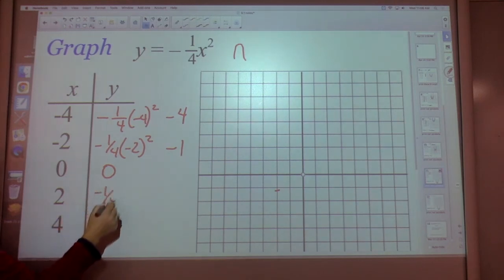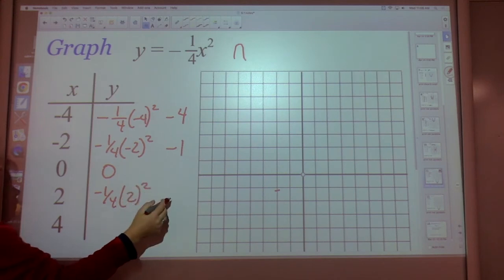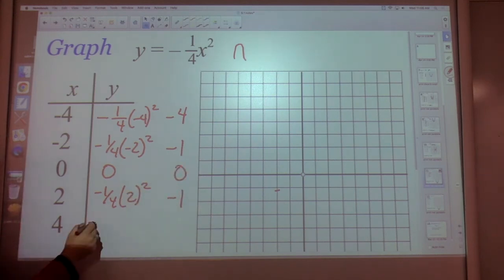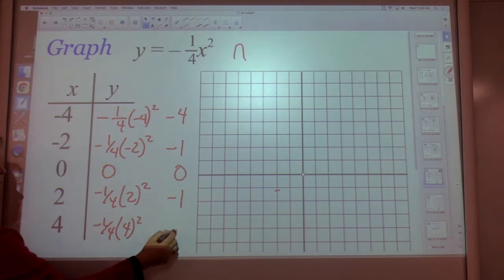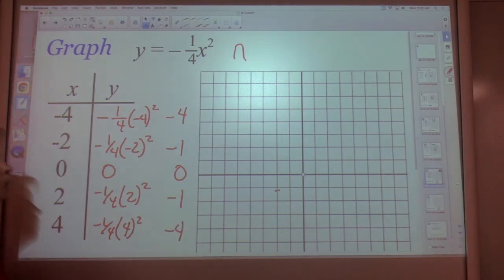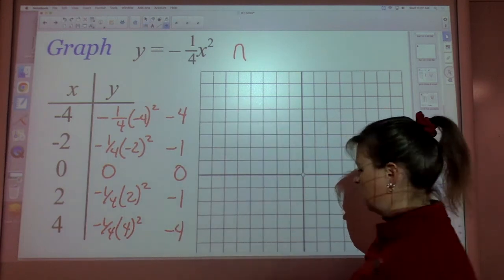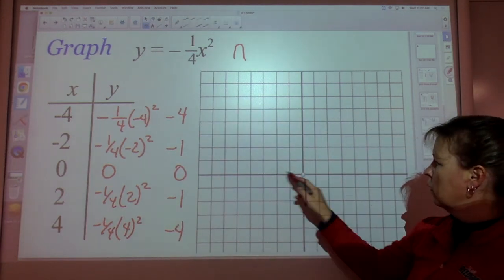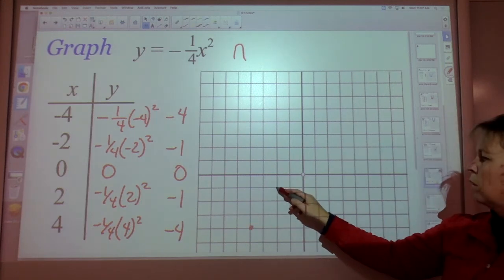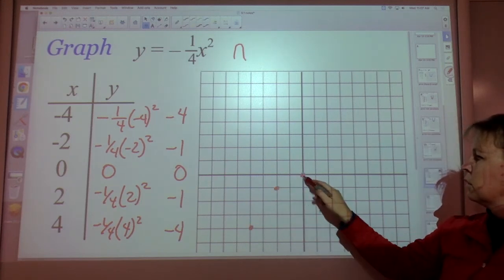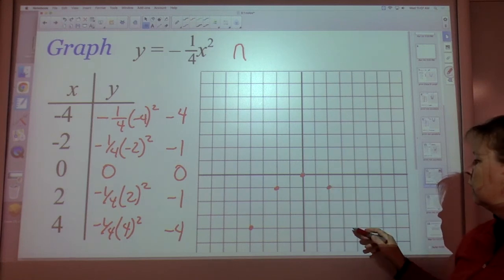The opposite of 1/4 times positive 2 squared, you guessed it, is still negative 1. And the opposite of 1/4 of positive 4 squared still comes out to a negative 4. So my graph is now going to go left 4, down 4. Left 2, down 1, 0, 0, 2, negative 1, 4, negative 4.